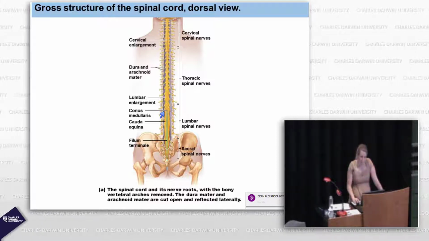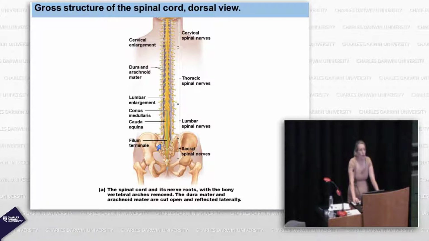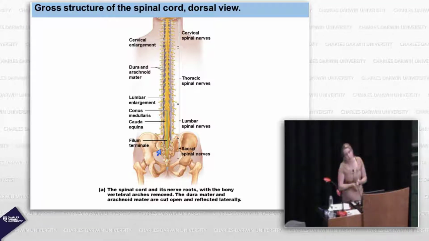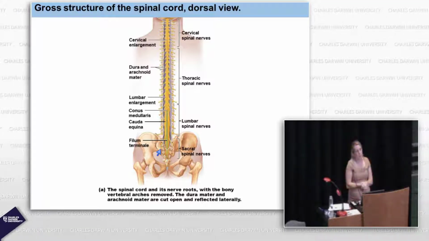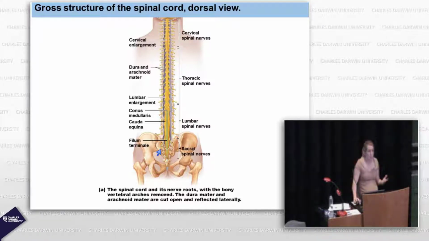You can see that there's still quite a number of spinal nerves that are supplied below the termination of the spinal cord, and so these all come out of that conus medullaris, and they actually look like a horse's tail. So they're called the cauda equina, which translates pretty much to tail of the horse.